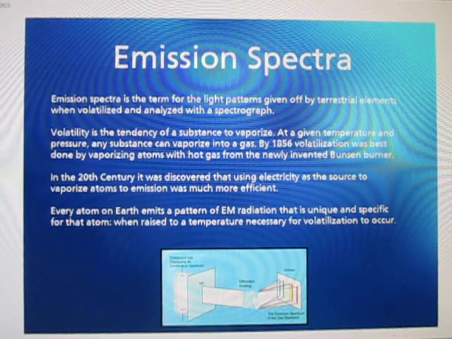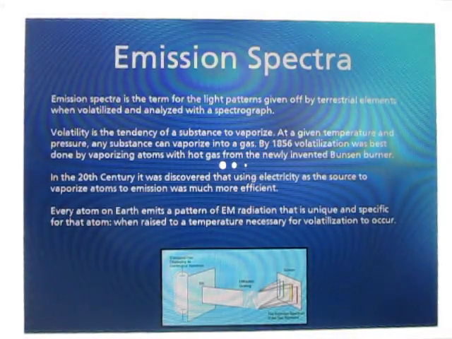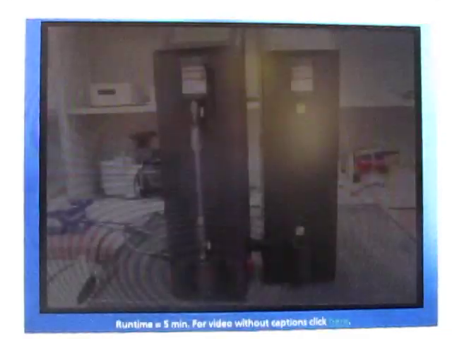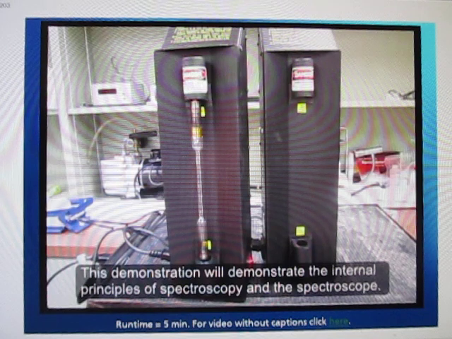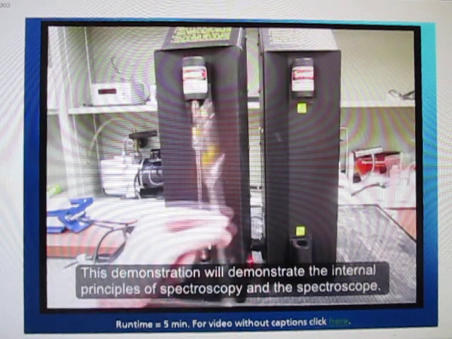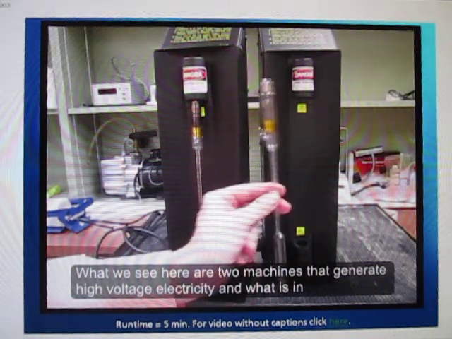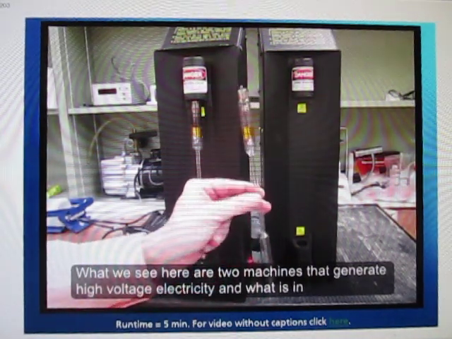And we get a diffraction pattern imaging. This demonstration will demonstrate the internal principles of spectroscopy and the spectroscope. What we see here are two machines that generate high voltage electricity.